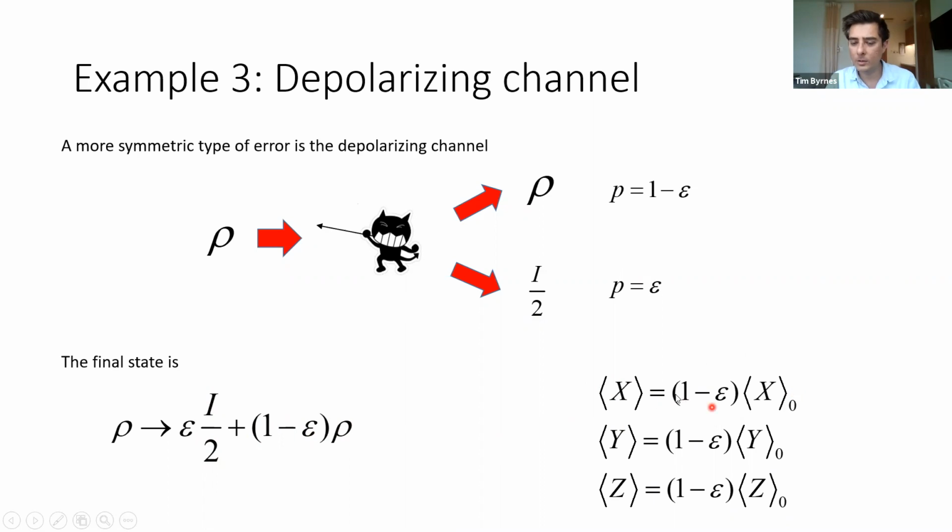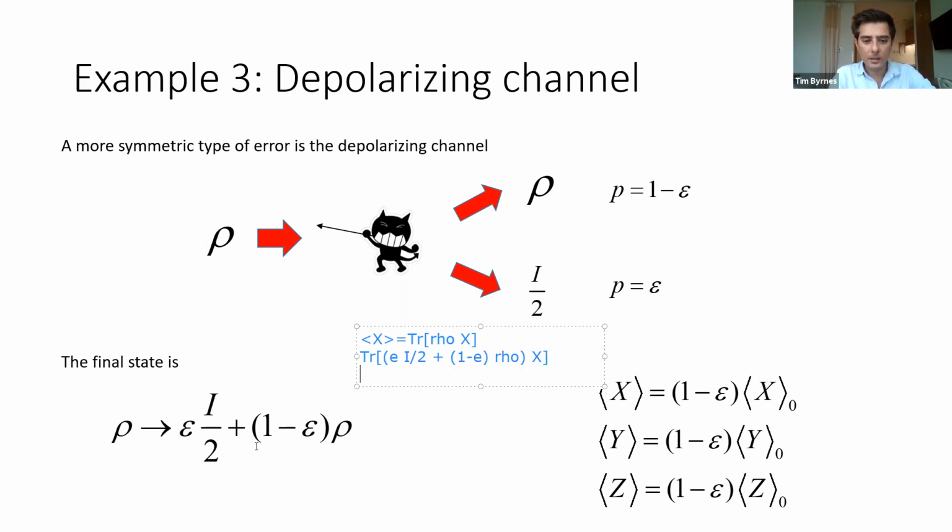If we did the expectation value of x, this is equal to the trace of rho times x. After this error happens, the state is basically epsilon times I over 2 plus 1 minus epsilon rho, all that times x.